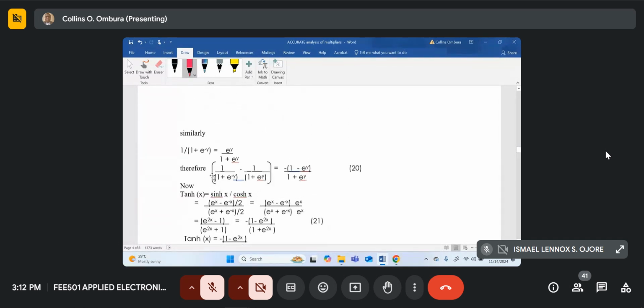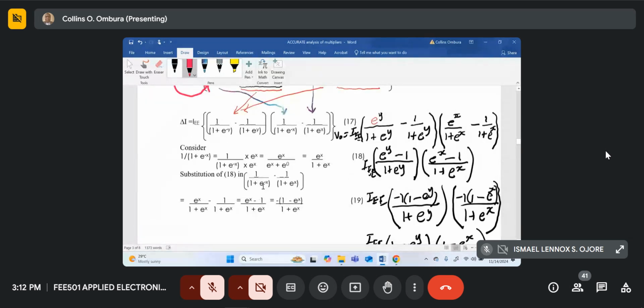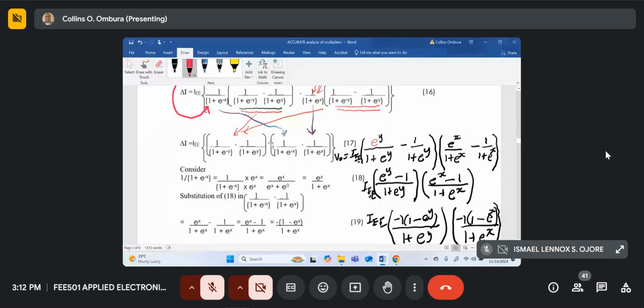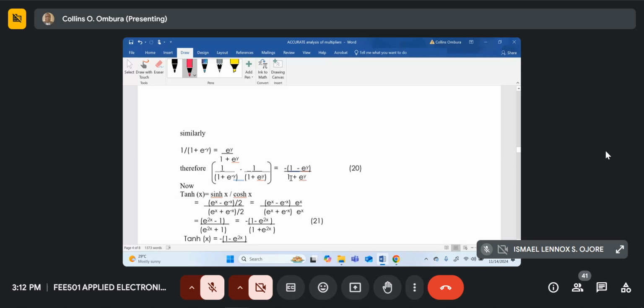All right, just in case you forgot, this was this bracket of 17 in terms of x over here. This term, we simplified it to this part. And this term over here, in terms of y, we simplified it to this term over here.